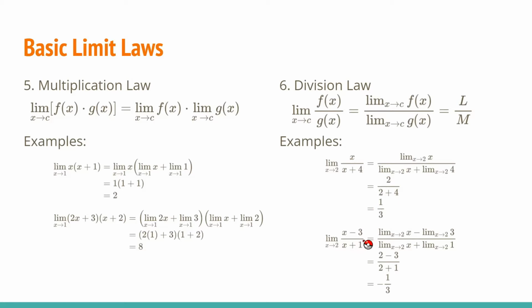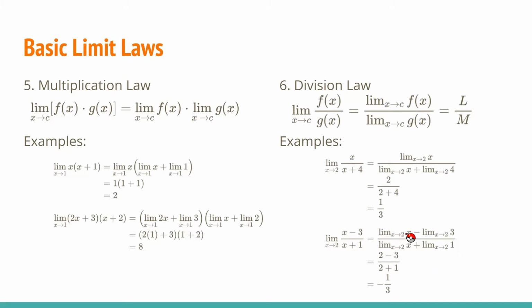Next, the limit of x minus 3 over x plus 1 as x approaches 2. So it is actually equal to the limit of x minus the limit of 3 over the limit of x plus the limit of 1, all as x approaches 2. Again, we have to keep on using the limit laws.